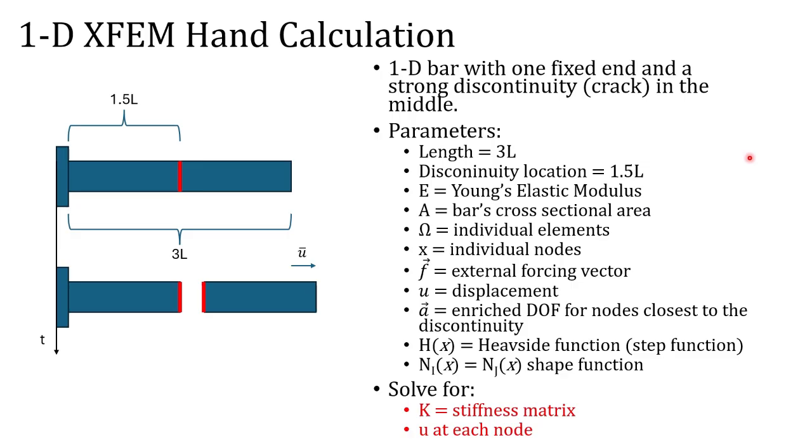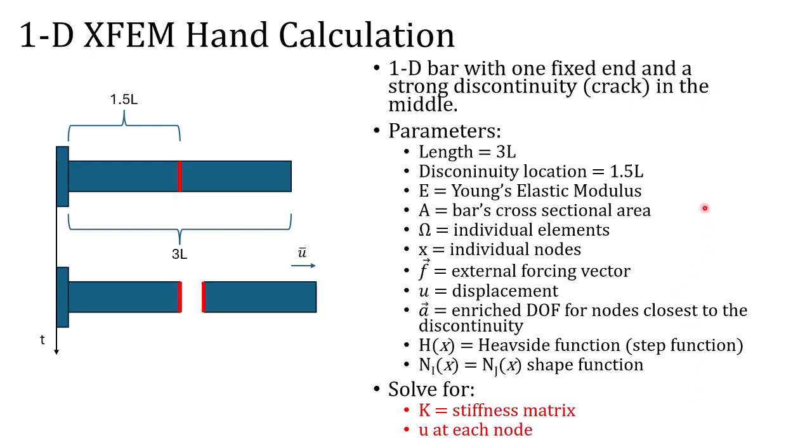including E representing Young's elastic modulus, A being the bar's cross-sectional area, omega being the individual elements, x being individual nodes, F being the external forcing vector, u being the displacement, a being the enriched degrees of freedom for nodes that are closest to the discontinuity, H being the Heaviside function, which I'll talk about more in a second, and then Ni and Nj being the shape functions.